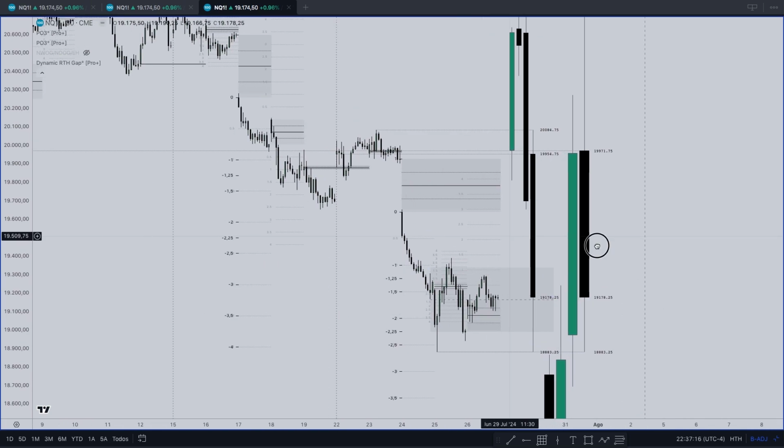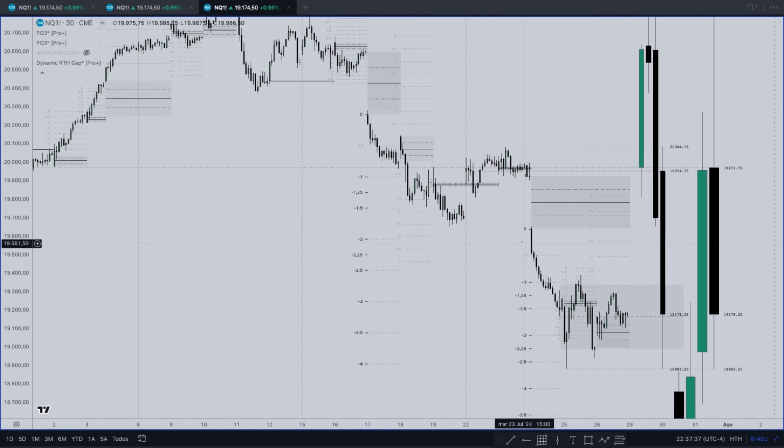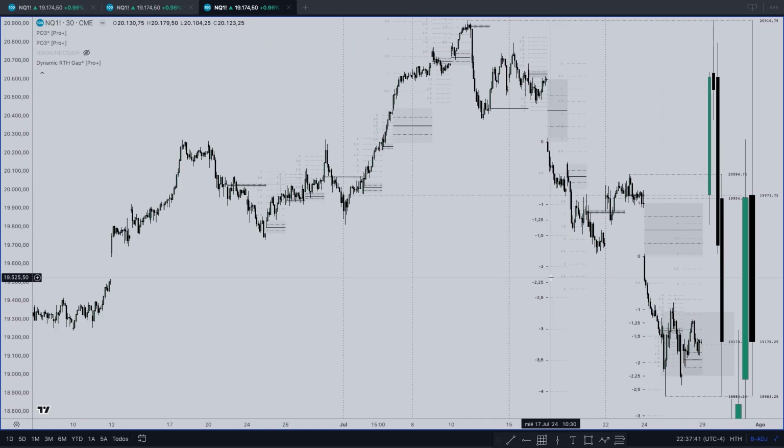So this is why it's important to frame your trades on the everyday narrative that you are in: where is the daily profile pointing, where is the liquidity, which week of the month you are in, and what day of the week you are trading.